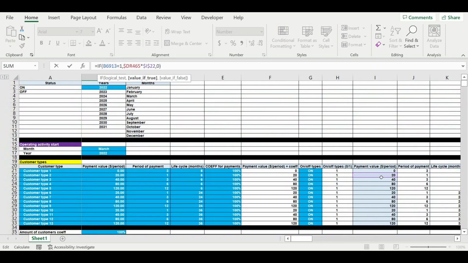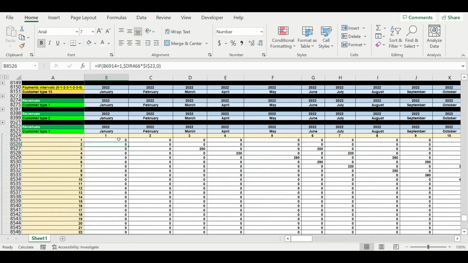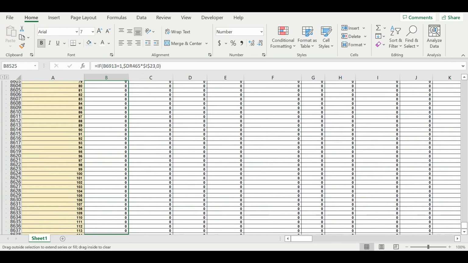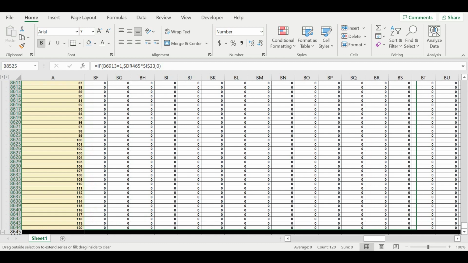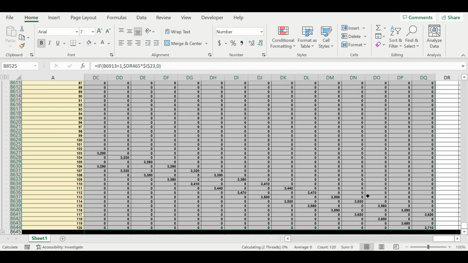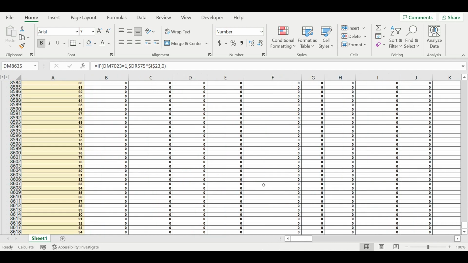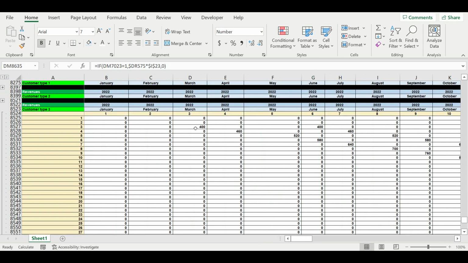Pays us $40 once in 3 months. So here we have magic 1 2 3, 1 2 3, and then they go away.